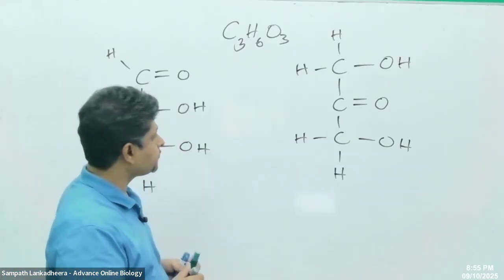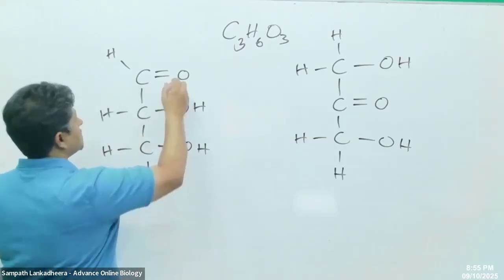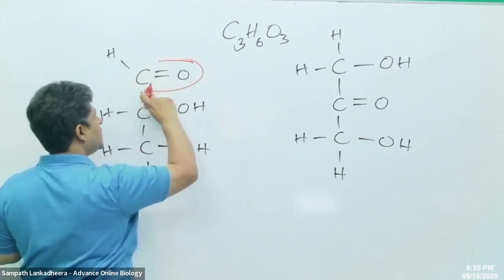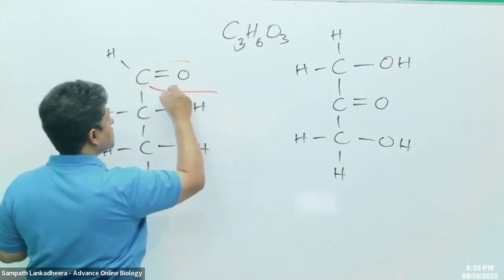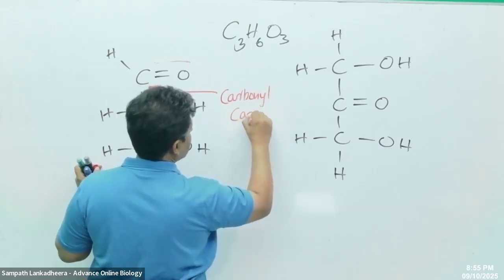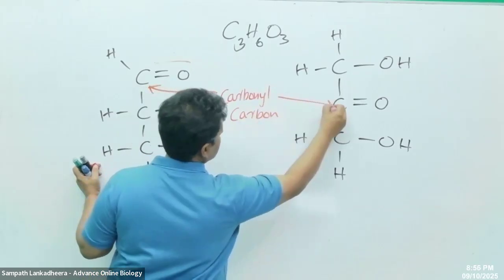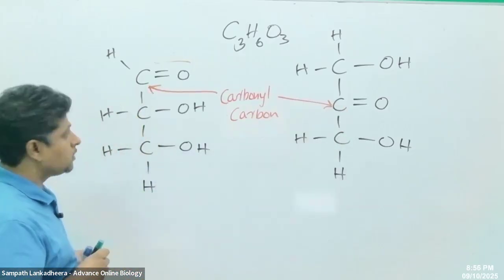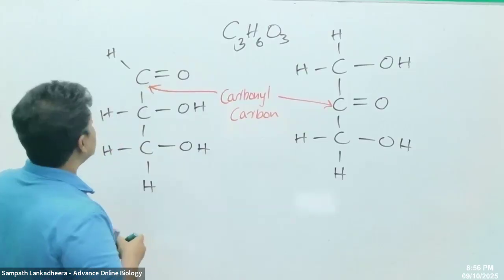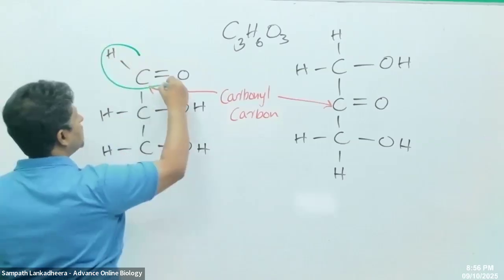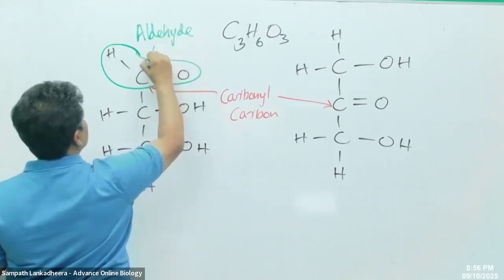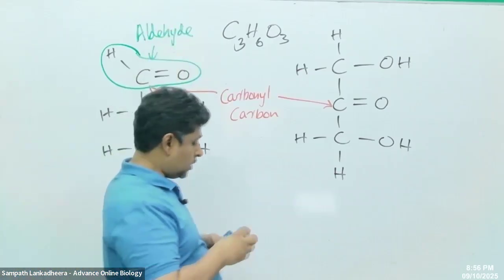And here, people, this carbon atom, what do you call this carbon atom? We say that this one is the carbonyl carbon. And then we said that this whole group is aldehyde, the aldo group. And what do you call this, people?